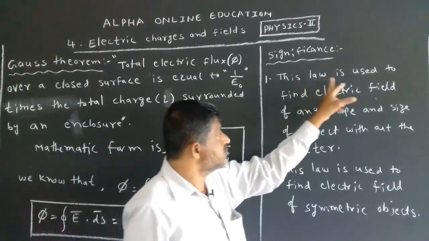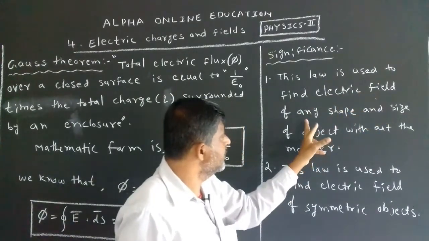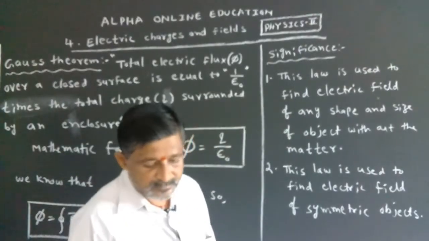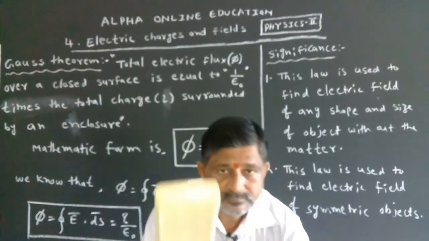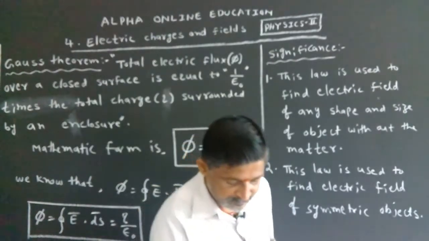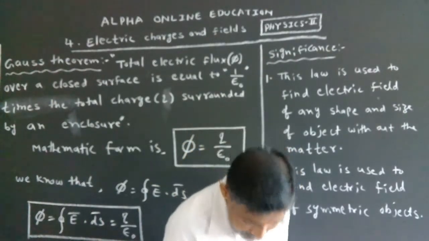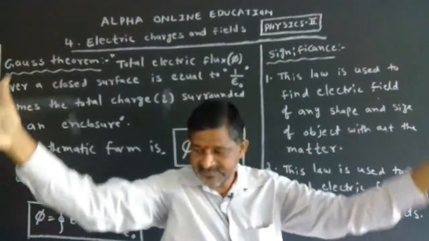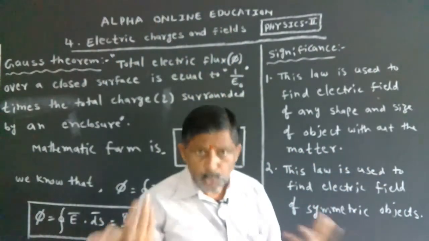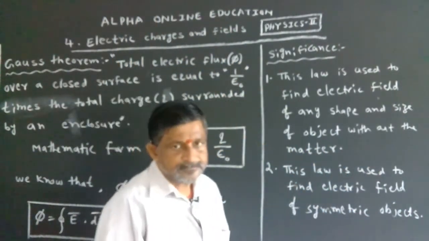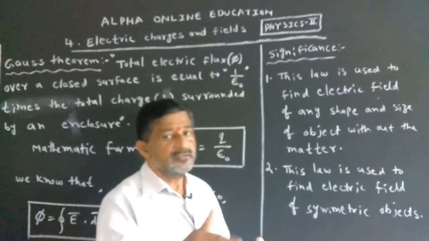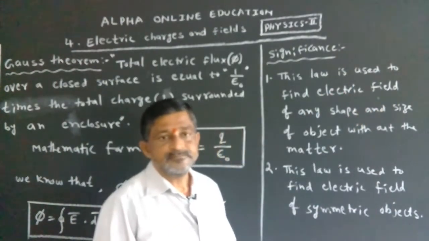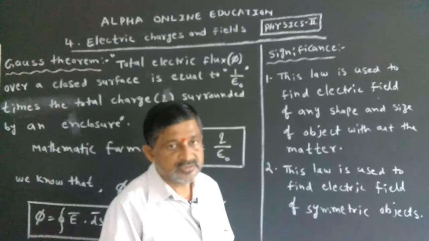That's why this law is used to find the electric field of any shape and size of object, with or without matter. Matter means it has mass. This also has mass. But if you imagine like this, is there any matter? No. So with matter or without matter, we can find the intensity of electric field, or simply the electric field. This is the first significance.